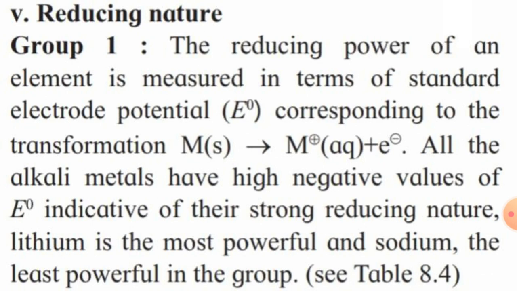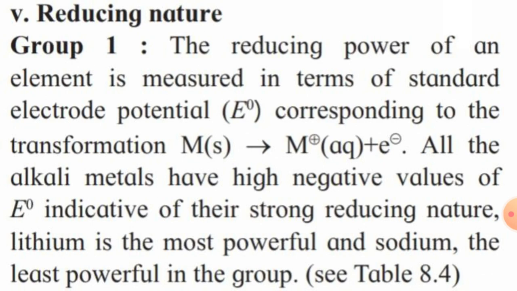The reducing power of an element of group 1 and 2 is measured in terms of standard electrode potential. Remember students, standard electrode potential is used to measure the reducing power of elements of group 1.